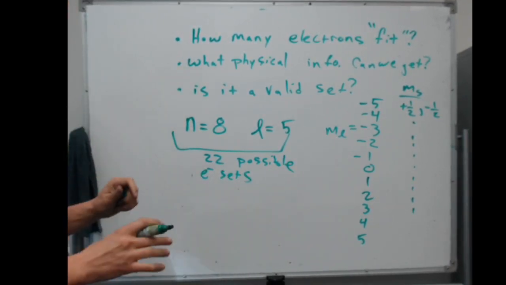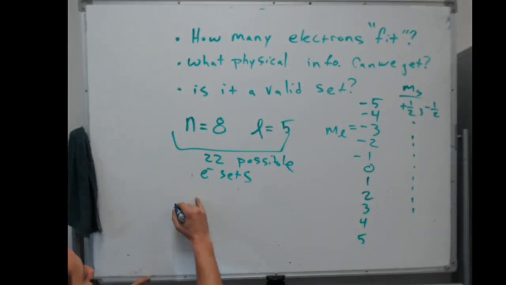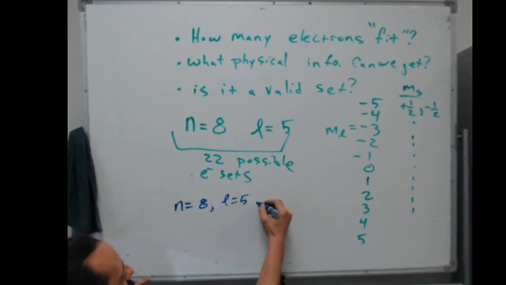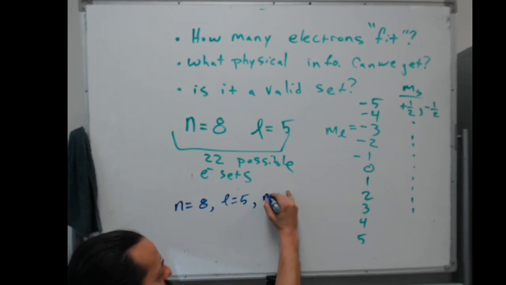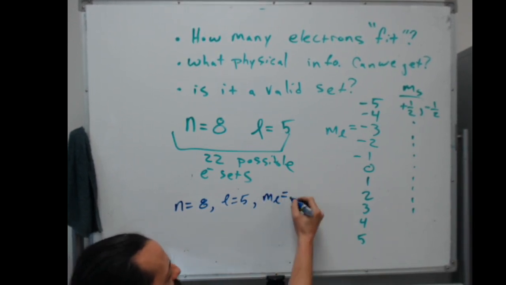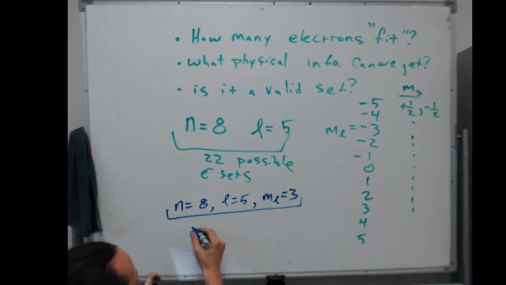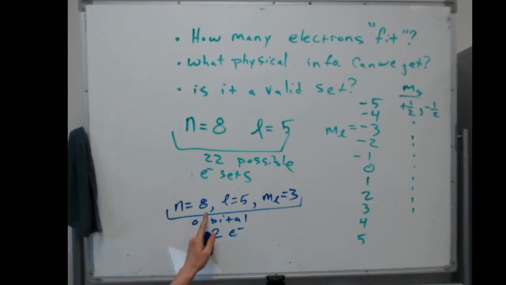If we specified more, if instead of just saying n equals 8, L equals 5, we pick your favorite number, I'm going to pick m sub L equals 3. This orbital could have 2 electrons, right? Notice I've got more specification.